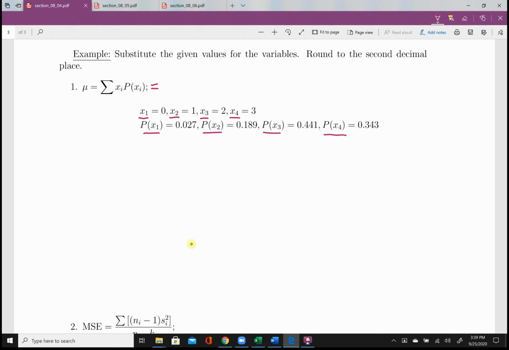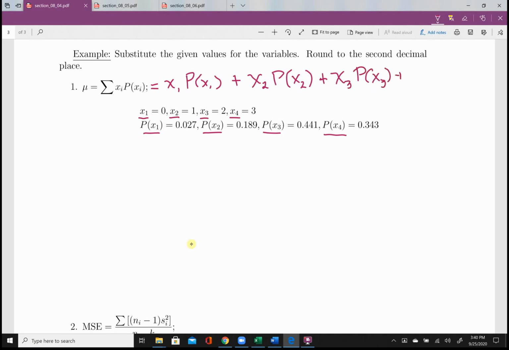Okay, so again, each term looks like this. So that means the first term is x sub 1 times p of x sub 1. Then we're going to add, because it's a summation here, sum meaning add. The next term is going to be x sub 2 times p of x sub 2. The third term, can you guess what it's going to look like? x sub 3 times p of x sub 3.